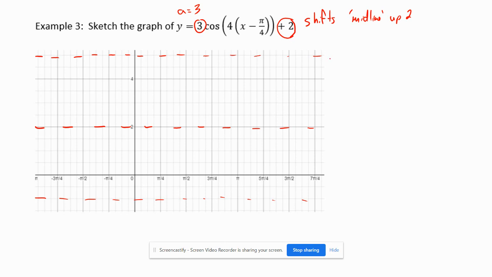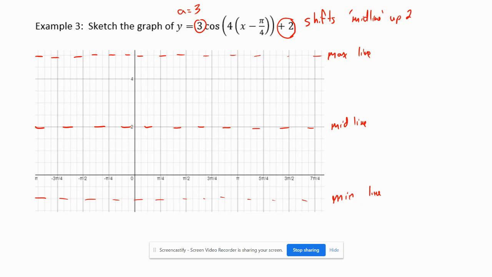So we have the max line, the midline, and the min line here. Again, the midline is based off the d value. The midline gets shifted up 2. The amplitude is 3, so the distance from the midline to the max and the midline to the min, we're just counting up 3 units and down 3 units as well.